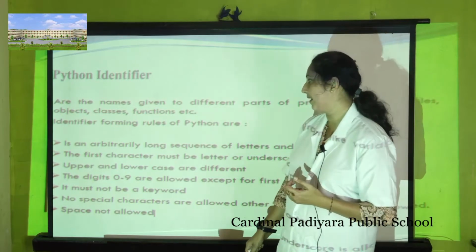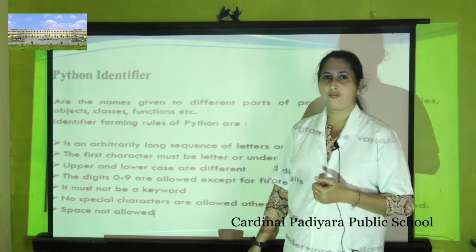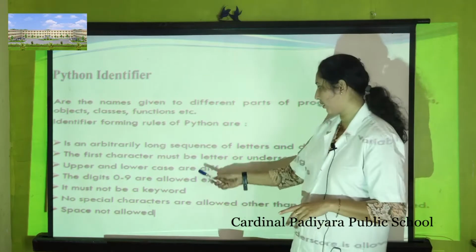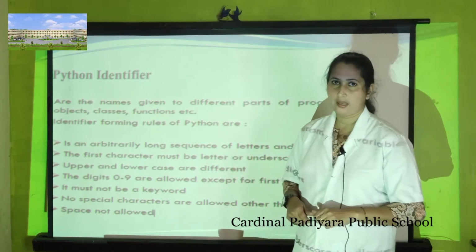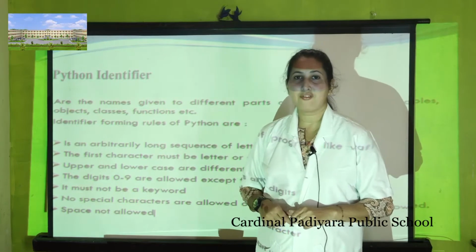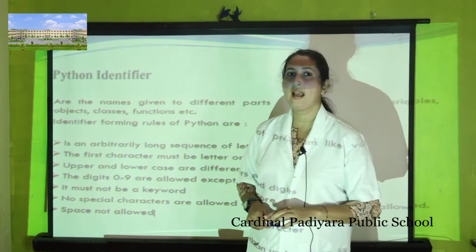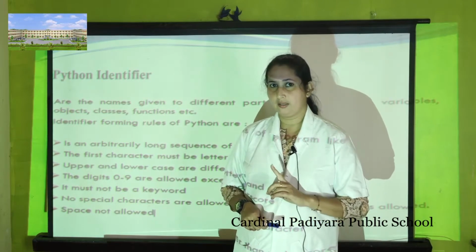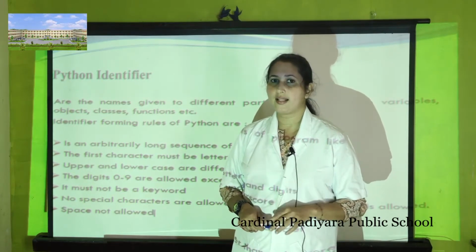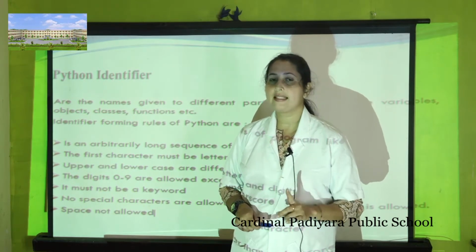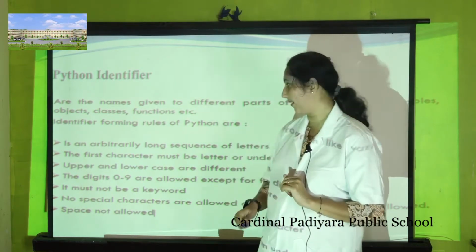Next rule is, the first character of the identifier is a letter or an underscore. When we put an identifier name, its first character should be a letter or an underscore, but does not use a digit as the first letter.